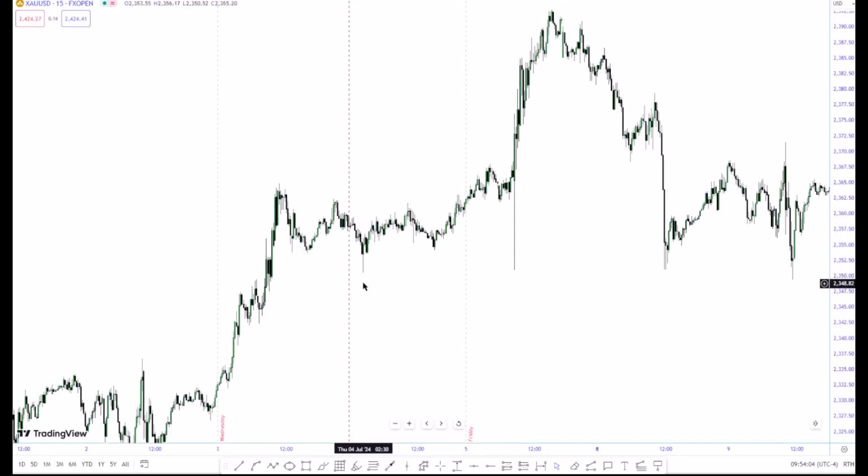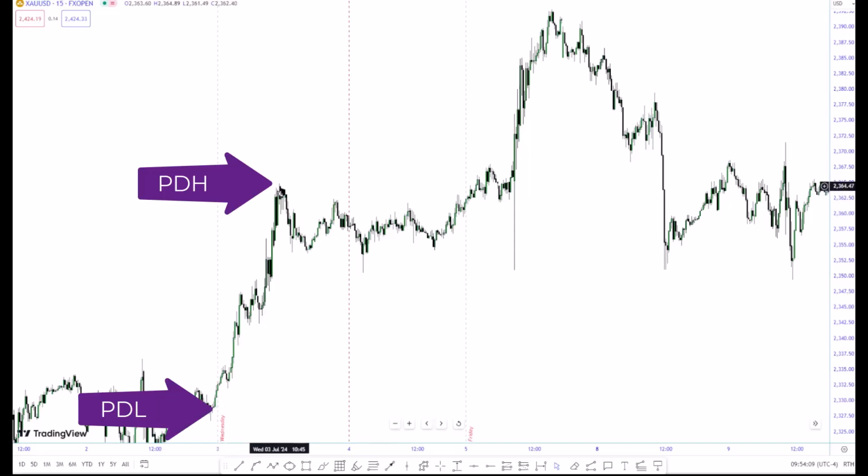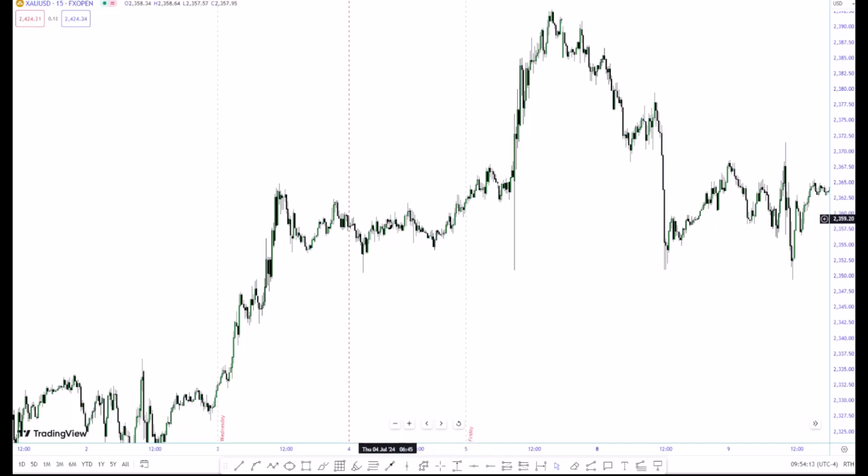Now on Thursday, you spotted that the market never took out Wednesday's low, it never took out the high as well. It was stuck inside that particular range, and the market gave us some sort of an inside day in regards to the intraday profile. So this was an inside day technique, or inside day.